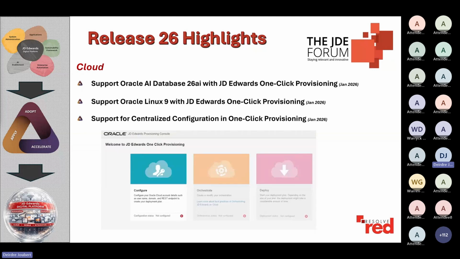Lastly, the Jan update for one-click provisioning introduced centralized configuration support, and this enhancement removes the manual post-installation effort that was previously required to enable centralized configuration, simplifying deployment activities and improving overall operational efficiencies.